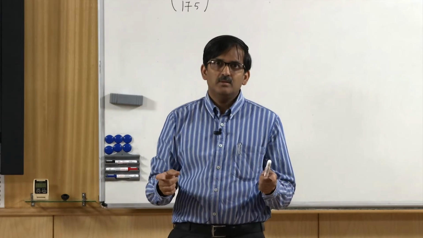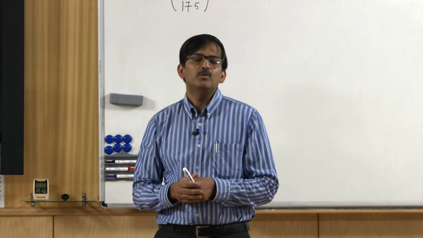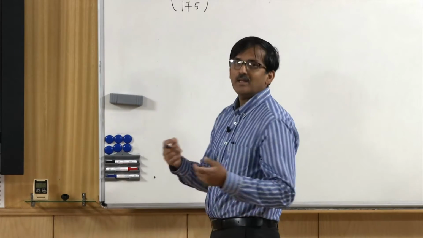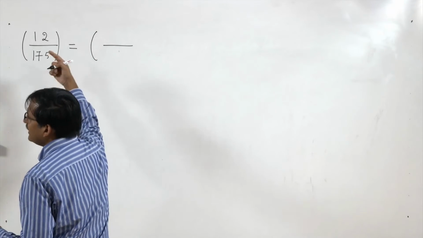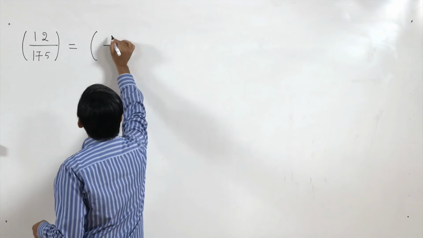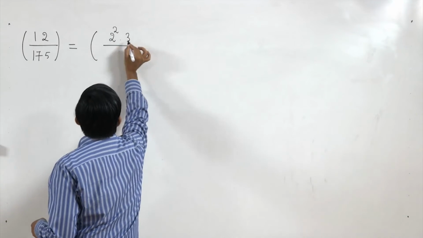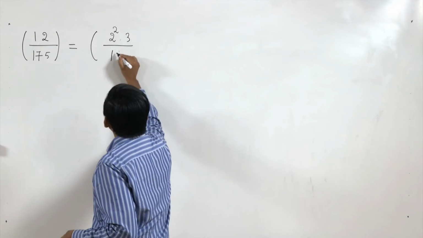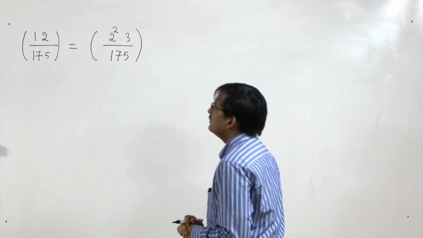If it is even, then I just have to take out all the possible factors of 2. I can always do that very easily. I just keep on dividing by 2 and count the number of times I have divided by 2, and in case of 12 it is 2 times, and I will have the other odd factor to be 3, and I have 175 over here, alright.